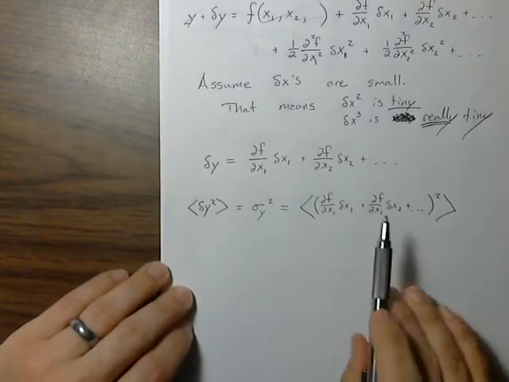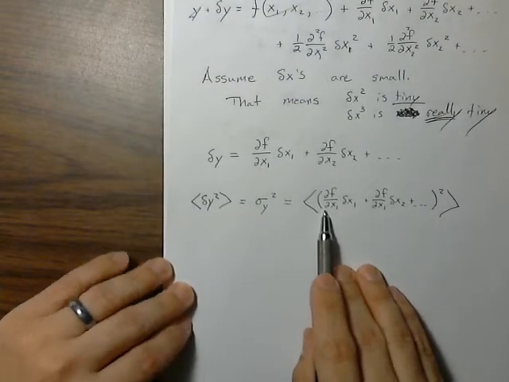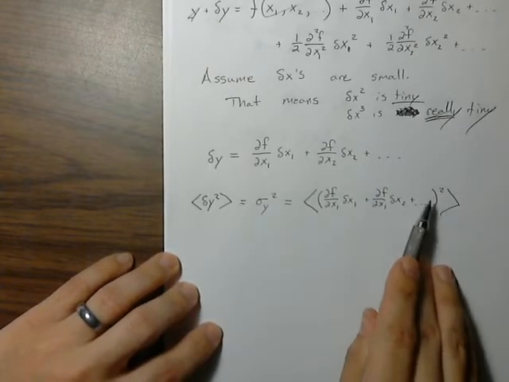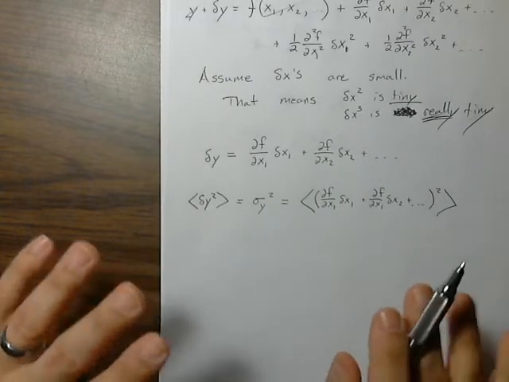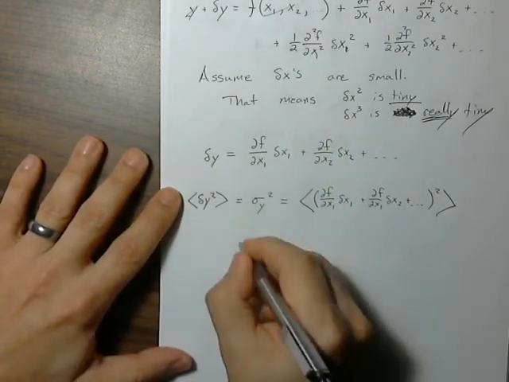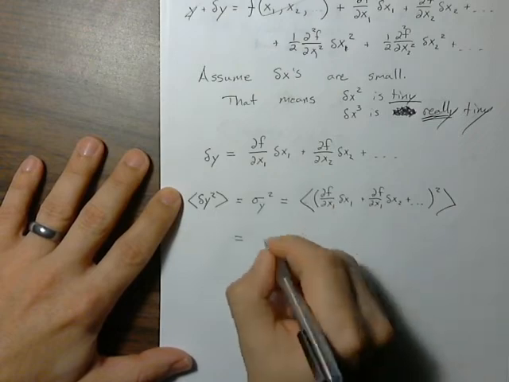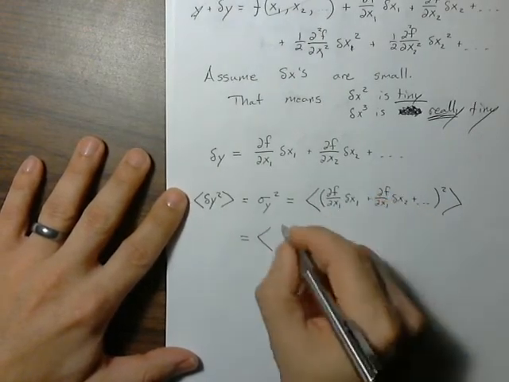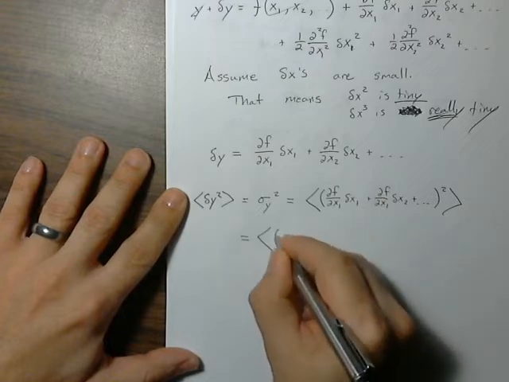Okay, so I'm gonna have to FOIL this in order to actually evaluate that. When you do that, you will end up with two different types of terms. You'll end up with terms that look like this.